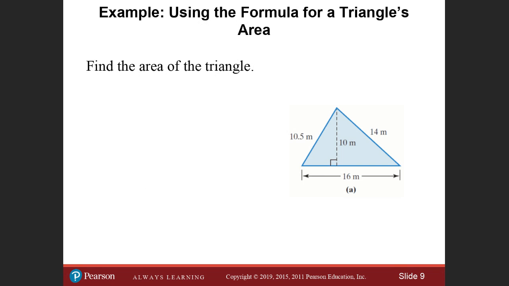Here's the example. Find the area of the given triangle. You just label that. We have the height equal to 10 meters, and our base is equal to 16 meters.